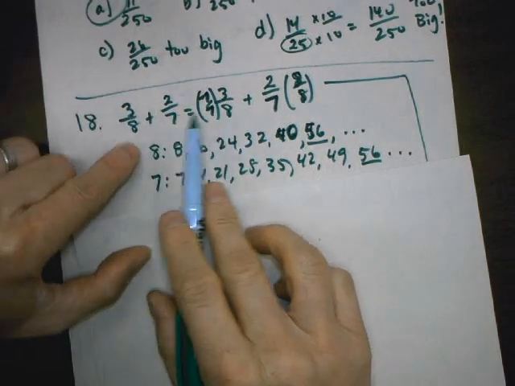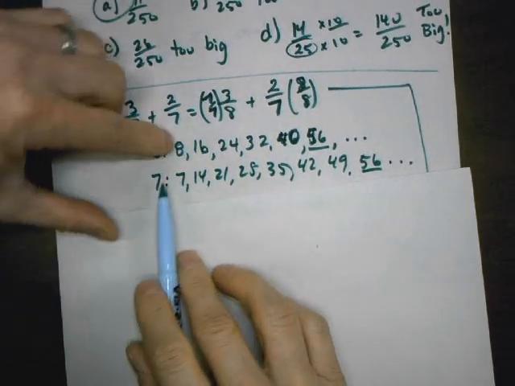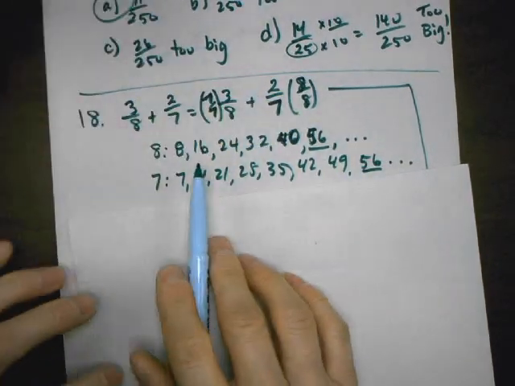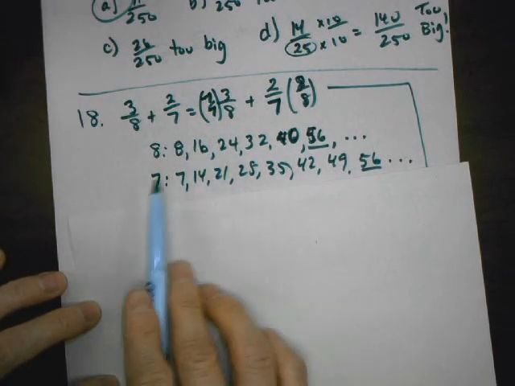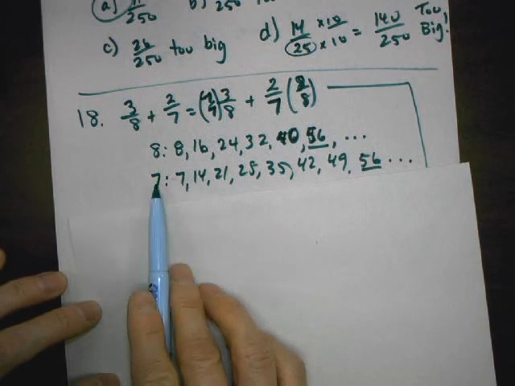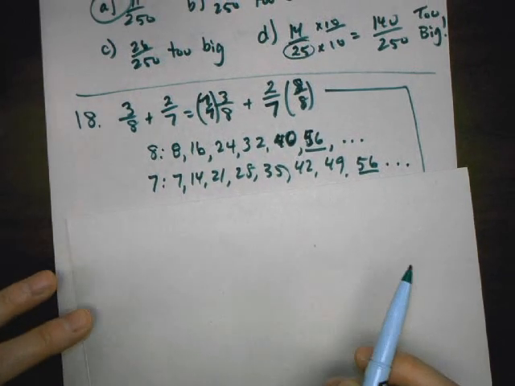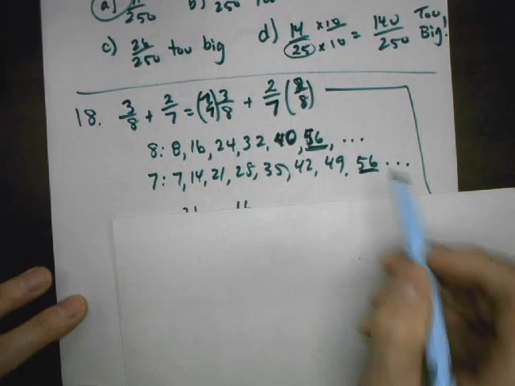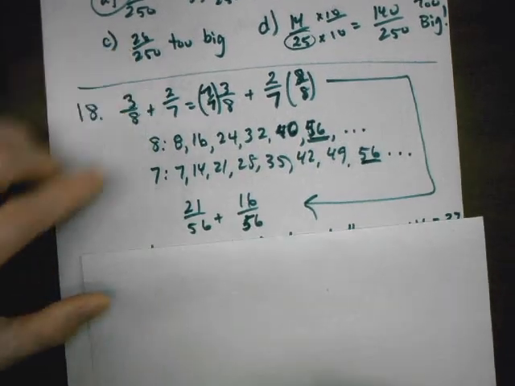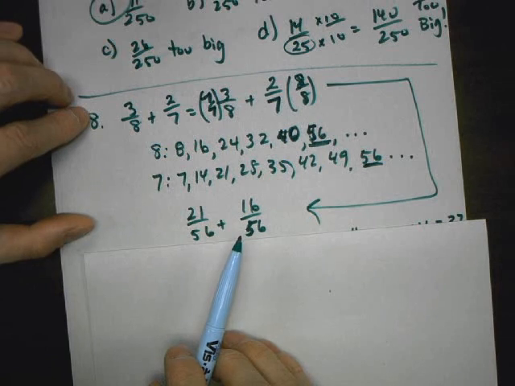So we want to look at our denominators, and we want to see the first time they're the same by looking at their multiples. 8 times 1, 8 times 2, 8 times 3, 7 times 1, 7 times 2, 7 times 3. Those are multiples, not factors, because I'm multiplying. The first time they're the same is 56, so that's why I want these to be 56 on the bottom.